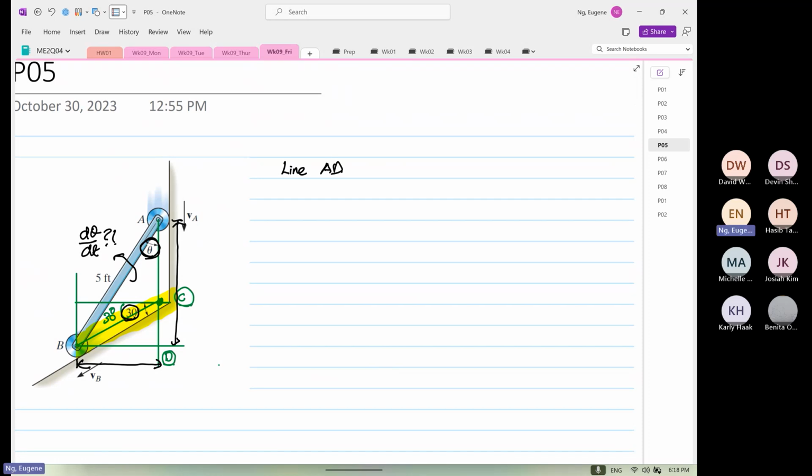Then the first expression we can form is cos theta is equal to AD over 5. So AD is equal to 5 cos theta. Okay. So AD is equal to 5 cos theta.